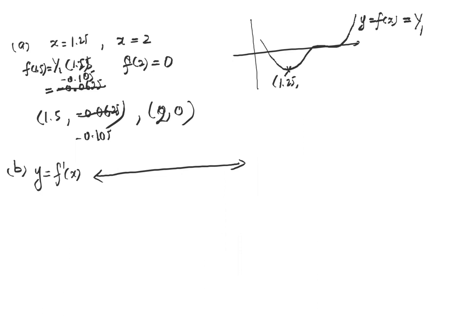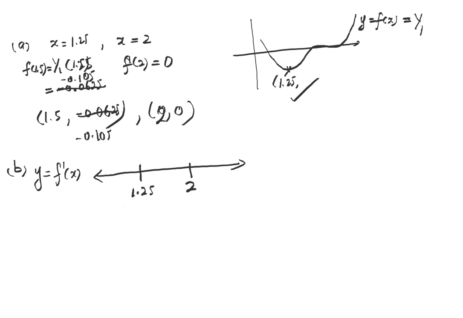Are you sure 1.5? 1.25 and 2. Am I right? Then how to get the sign? I have to go to my y2 or y1? y2. Or I can base on the graph of fx.